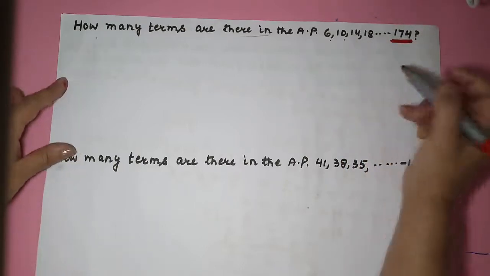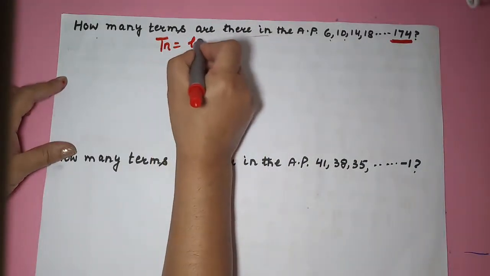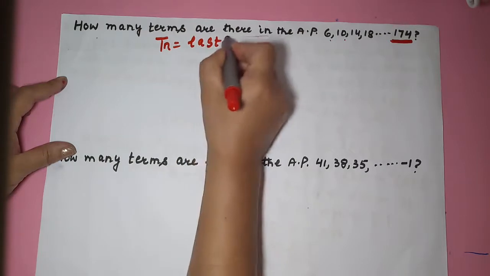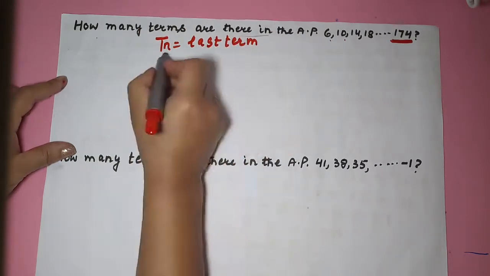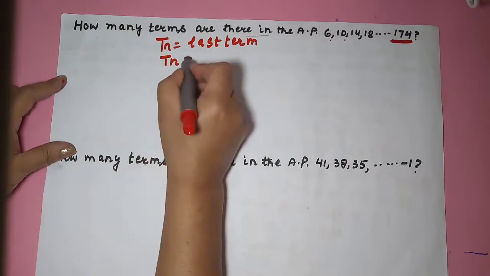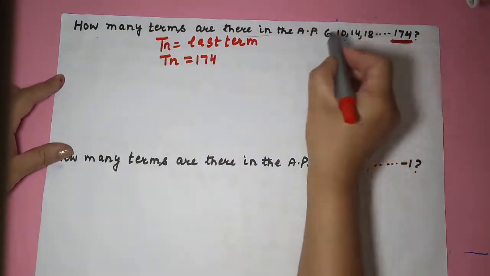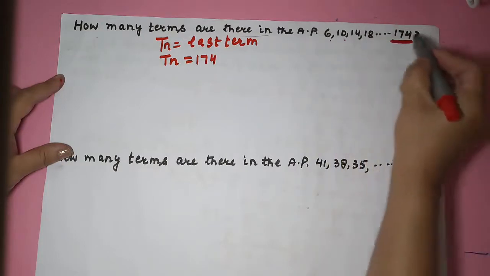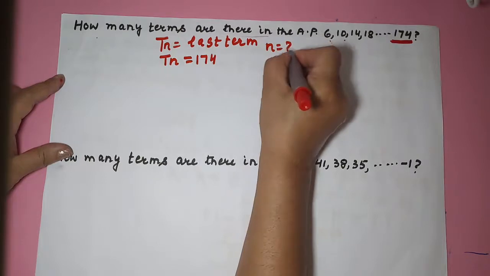Fine. So, sometimes Tn is also called the last term. This general term, Tn, is given to us. How much is that? 174. Now, he wants us to calculate how many terms are there up to the last term. What does that mean? That means we have to calculate the n.